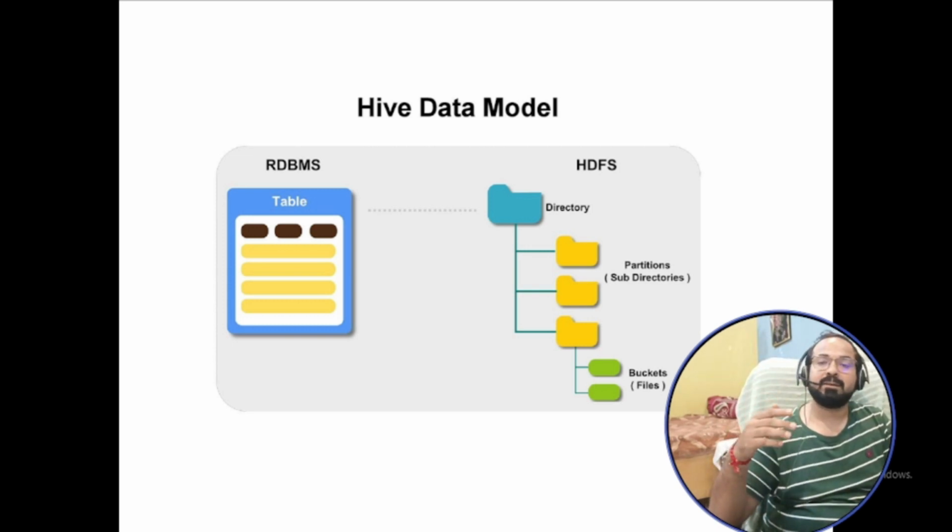Suppose we have 10 distinct cities, so it will create 10 distinct folders and divide the data across those cities, and then you can check the performance. My data size is very small, but if you have a huge data set, like terabytes or 500 GB, and you perform some query, then you will see a huge difference in time.